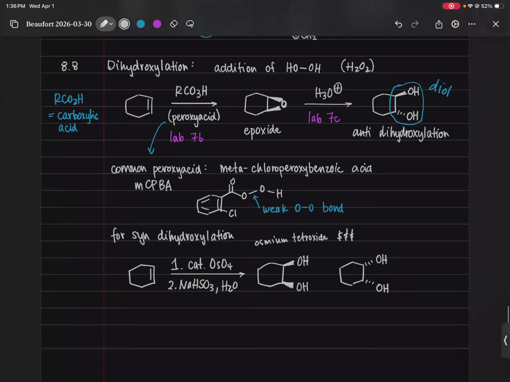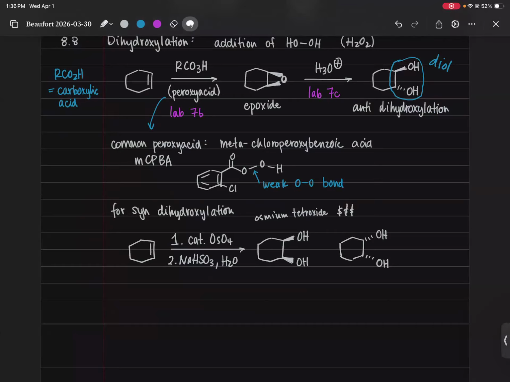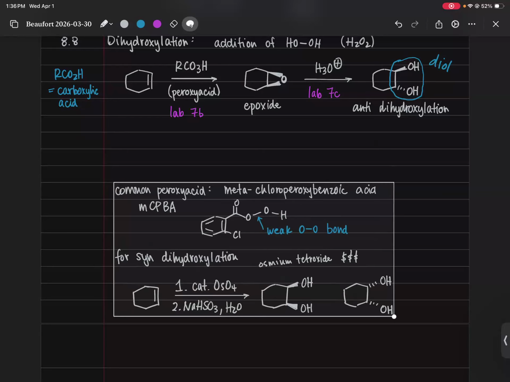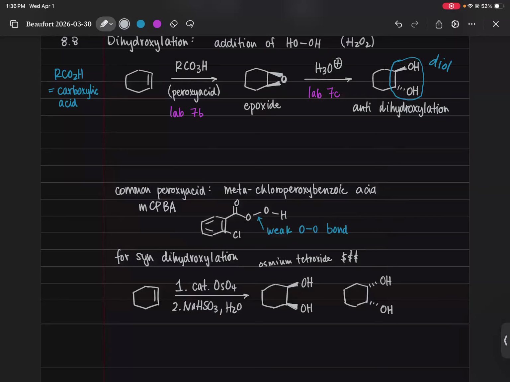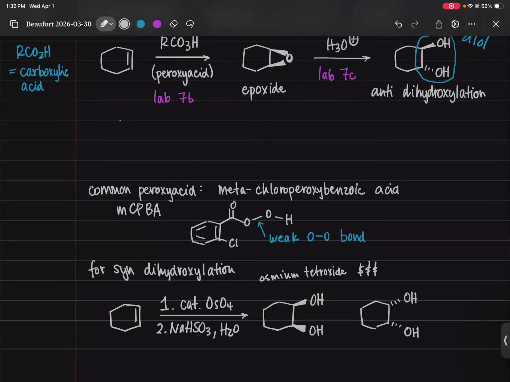What I will say about this anti-dihydroxylation is it's not super necessary to draw out the epoxide intermediate.